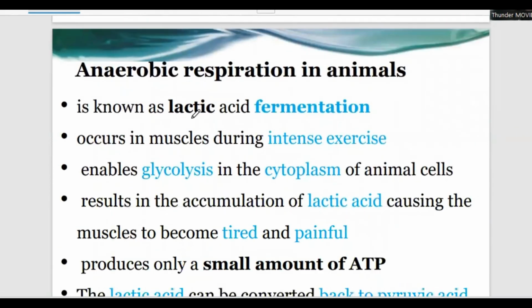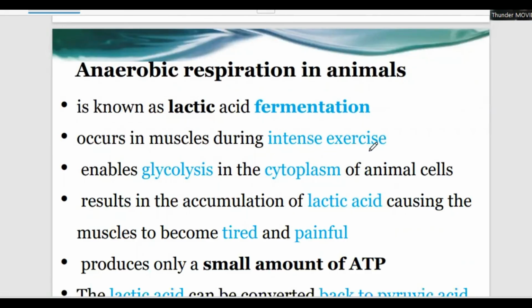It is known as lactic acid fermentation, meaning that you produce lactic acid. If you run today and tomorrow you have painful muscles, it means that lactic acid accumulated there. Your cells undergo anaerobic respiration, and then lactic acid is produced. It occurs in the muscle during intensive exercises.